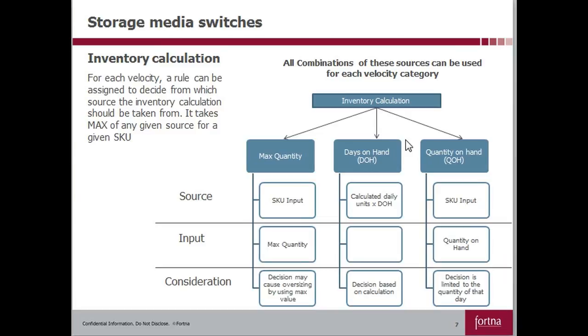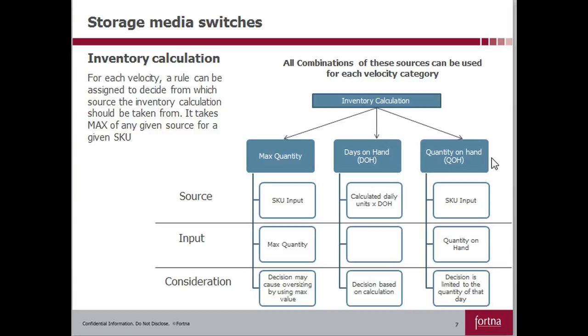Then we have the days on hand. The source will be calculated daily units times days on hand, and the decision will be based on the calculation, and this should be worked out with the client to understand how many days on hand for each velocity you should have.